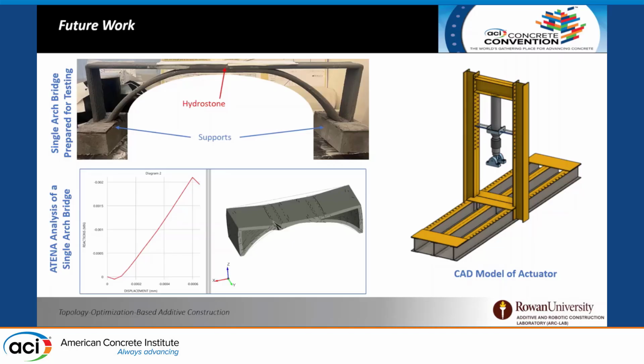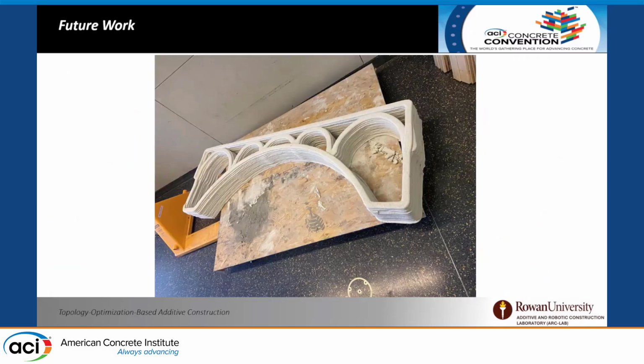And you can see I've already tested the simple arch in Atena and have found that I have a very high compressive strength as opposed to the displacement. So we hope to scale all of the bridges to a larger size.